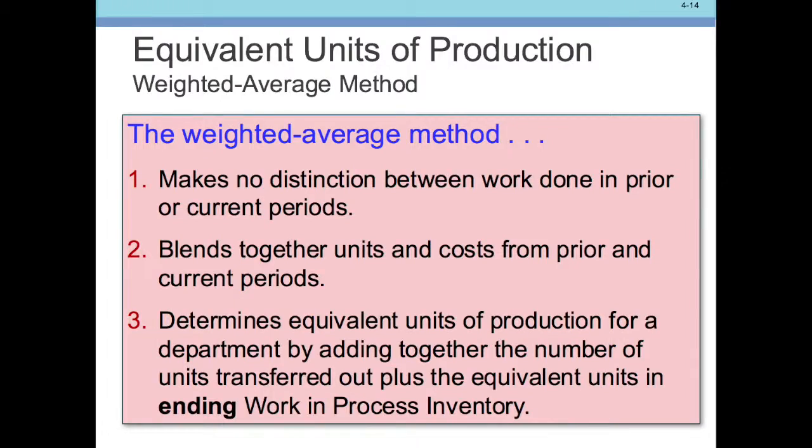It also determines equivalent units of production for a department by adding together the number of units transferred out plus the equivalent units in ending work in progress inventory. So the units of production for a department are how much you got rid of and what's left over at the end.